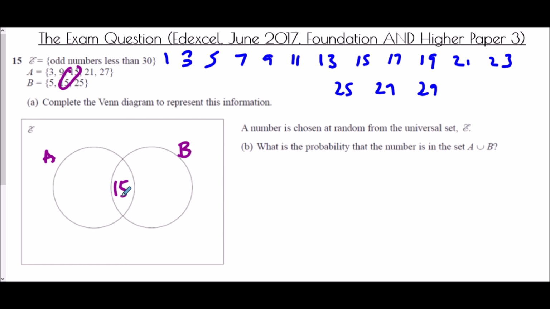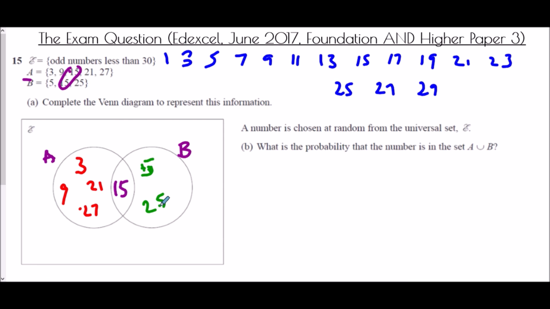Then we take the remainder of the values which are in A: 3, 9, 21 and 27. And the values which are left over in B: we've got 5 and 25.